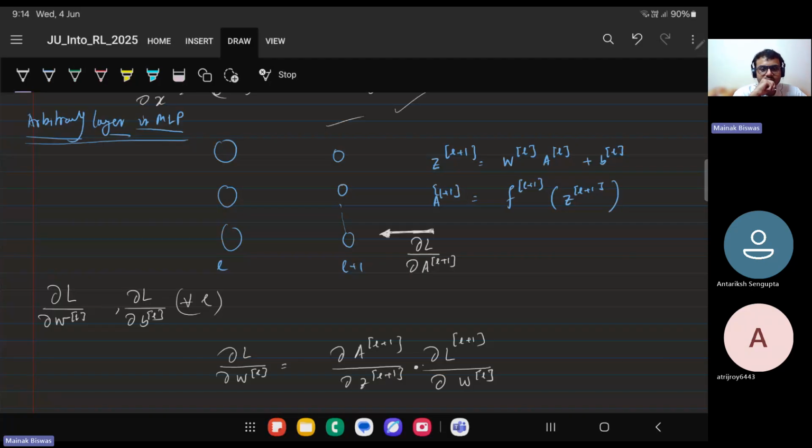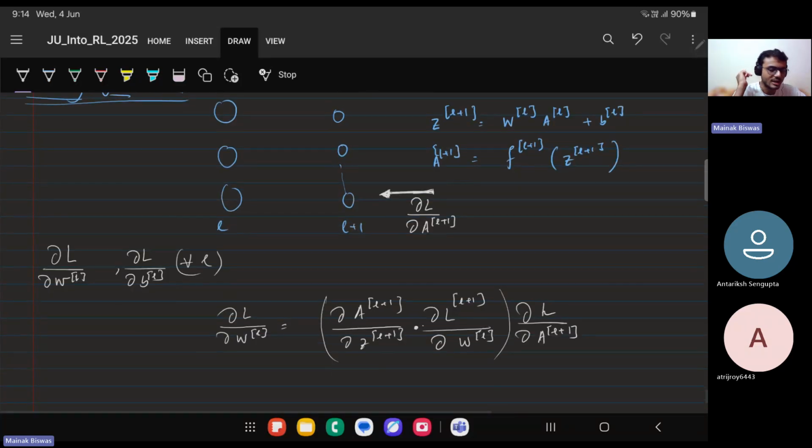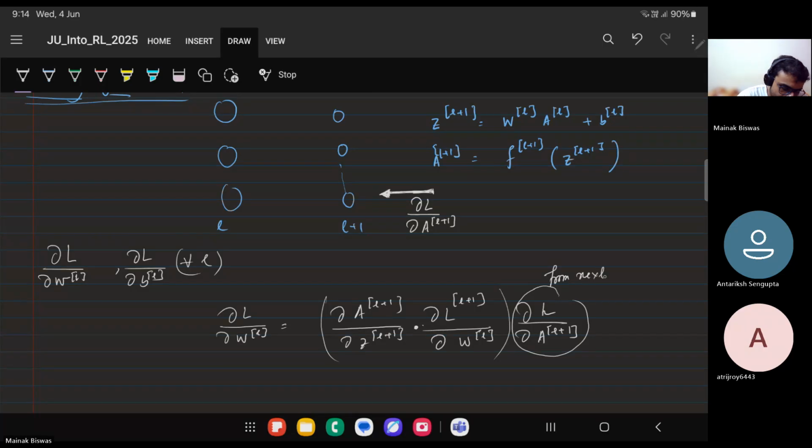If I know dA plus 1, and I know I am being given it back from the next stage, can the gradient with respect to W be computed this way? This is from the next layer. So this is fine. You're not following. That's why you didn't correct me.